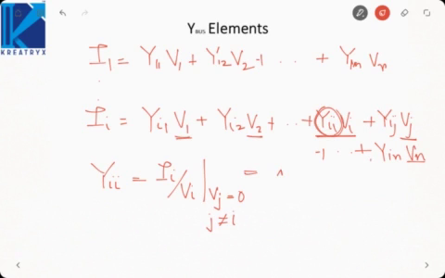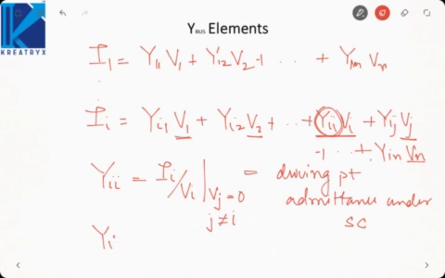So this represents the driving point admittance, that too under short circuit, because voltage 0 implies that the element is short circuited. Similarly, if we wish to find Yij, then you have to equate all the voltages to 0 except Vj.